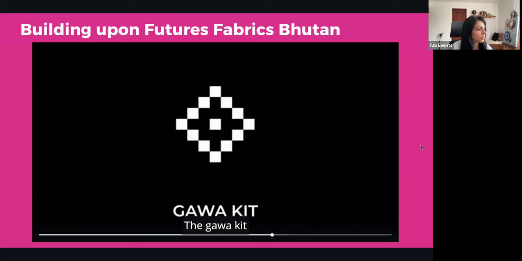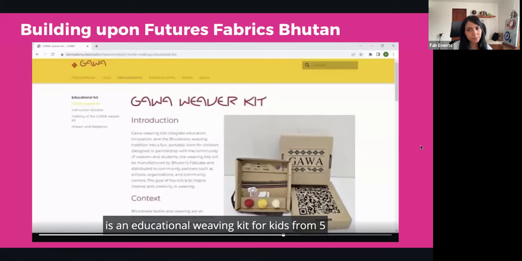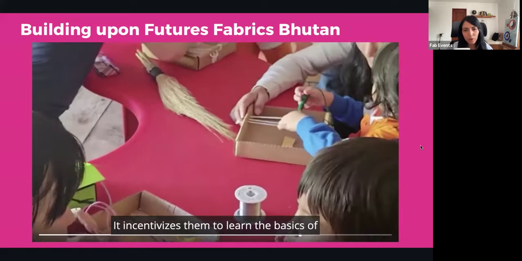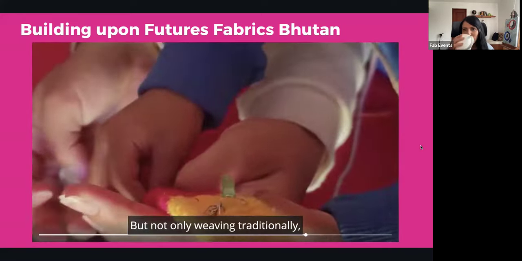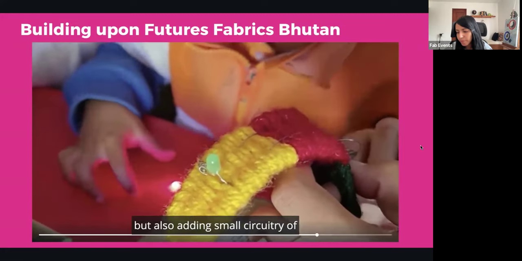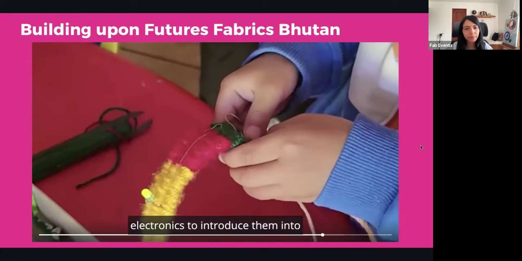The Gawa Kit is an educational weaving kit for kids from 5 to 8 years old. Incentivize them to learn the basics of weaving, but not only weaving traditionally, but also adding small circuitry of electronics to introduce them into technology.